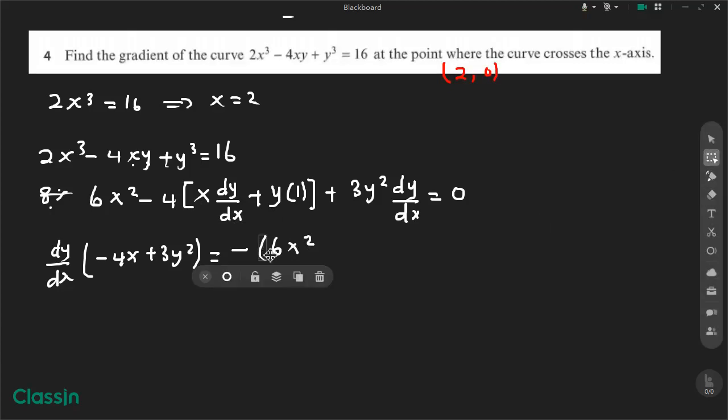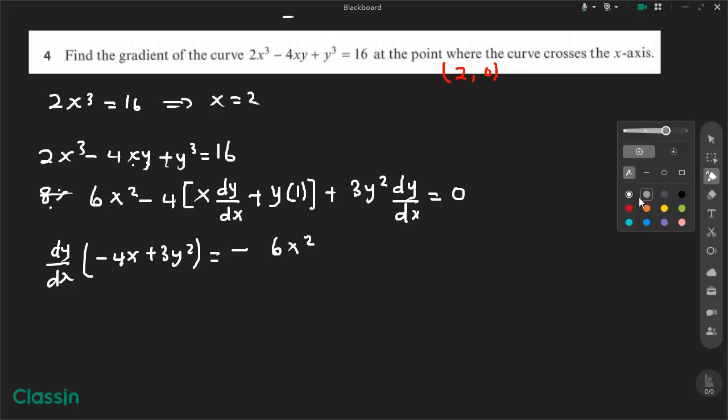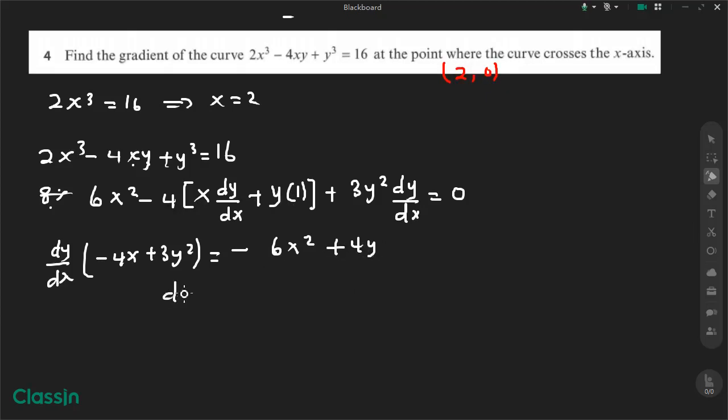Because this is negative, this is 6x squared, across the equal to sign becomes negative 6x squared. Negative 4y across the equal to sign becomes positive 4y. So we can divide both sides by negative 4x plus 3y squared to get the gradient of the curve, dy/dx, equals negative 6x squared plus 4y over negative 4x plus 3y squared.